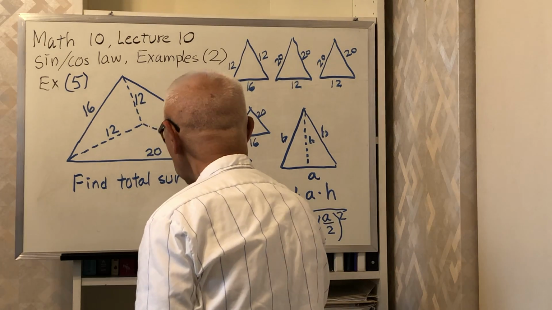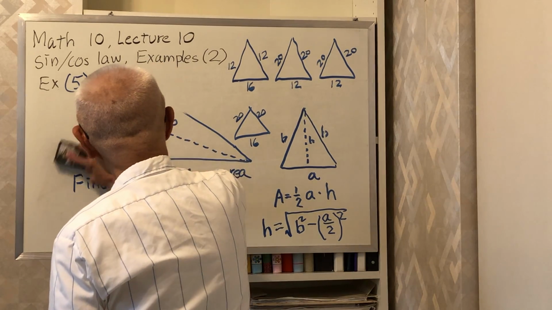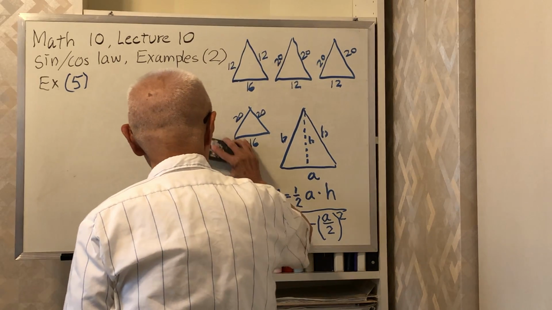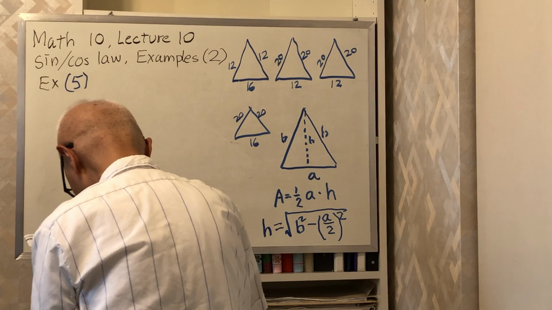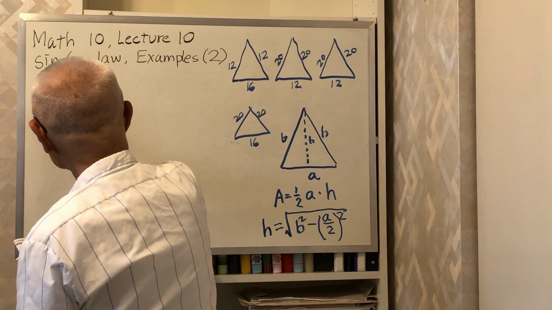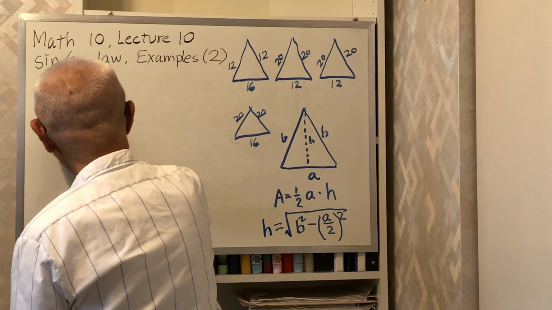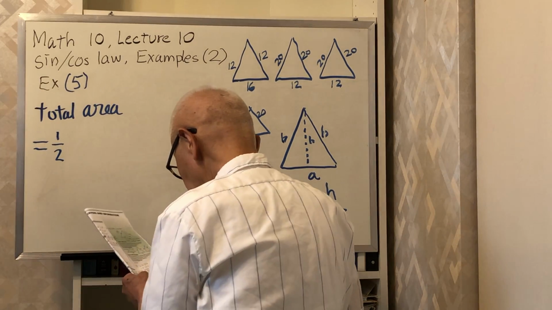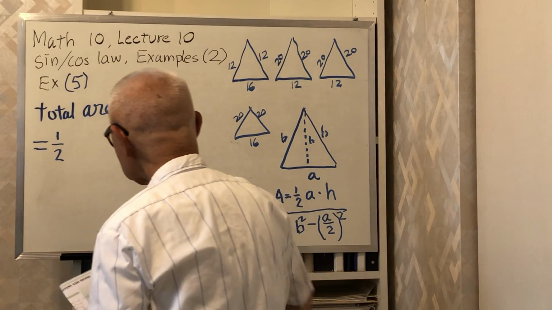So let's do this now. I don't need this because I have all the triangles here. So I have the total area is 1/2 of this, which is 8. So let's do it quicker.